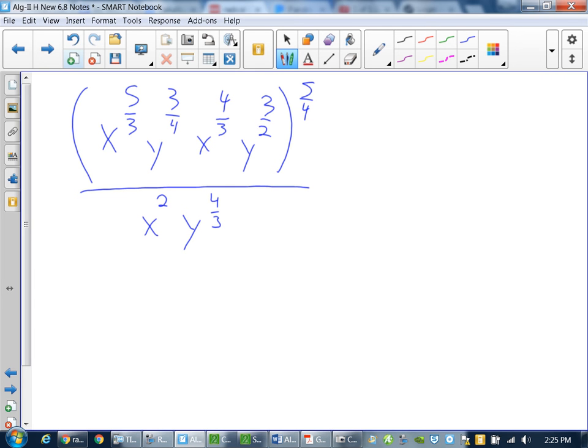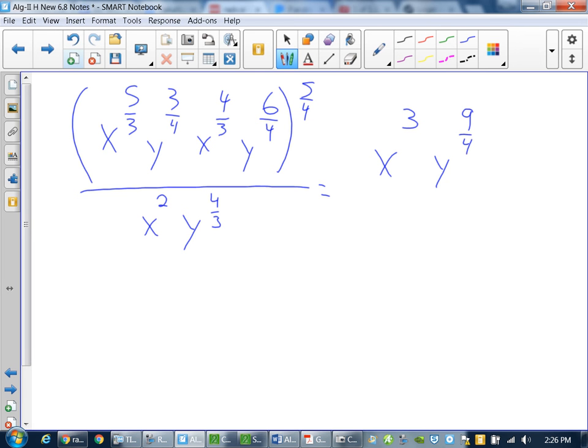If I combine what's inside here first, 5/3 plus 4/3 is how many thirds? 9/3, which is how much? 3/4 and 3/2 is the same as 6/4. So 3/4 plus 6/4 is 9/4.